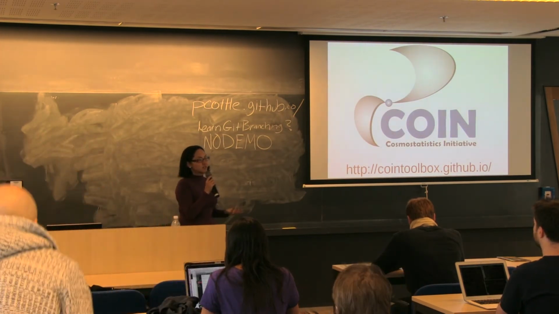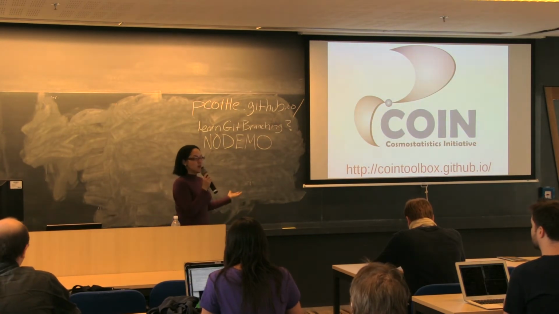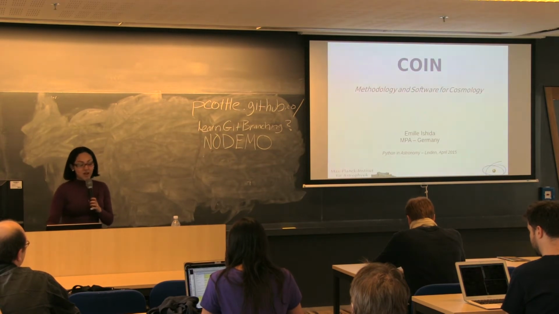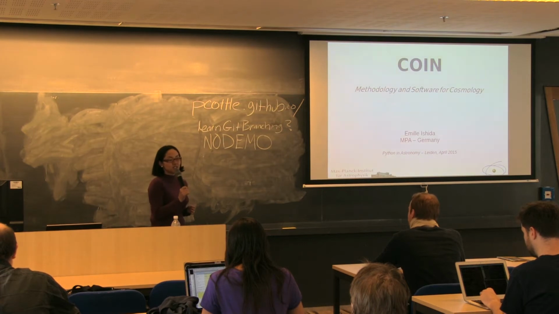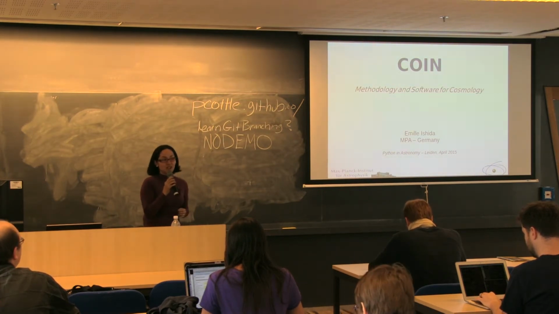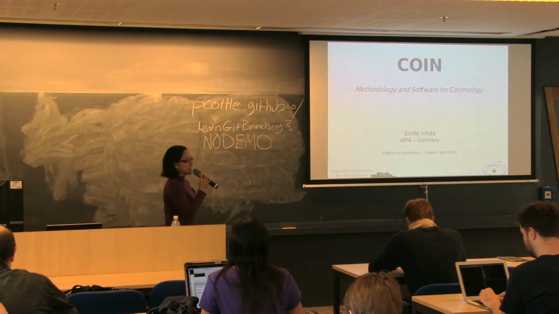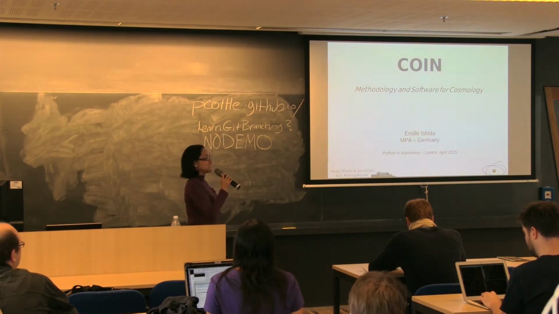But today I would like to talk to you more about how we organize and why we decided at some point that this should be a good thing to do. So the title of my talk, as it is in the program, says Methodology and Software for Cosmology, which, following astronomy tradition, we tend to make up very nice names and stick to it for tradition instead of accuracy.